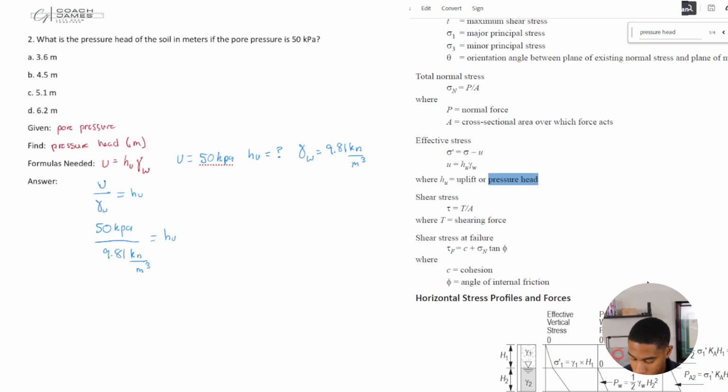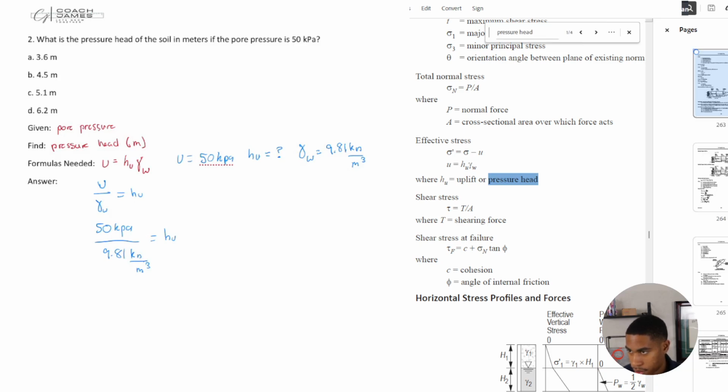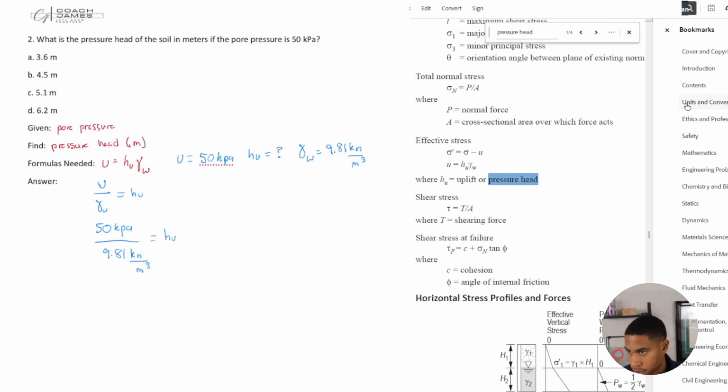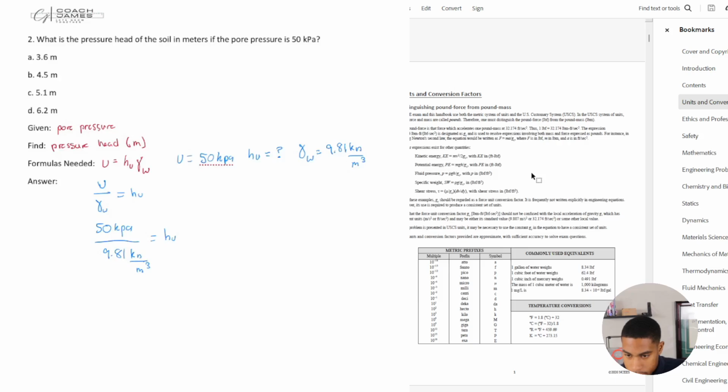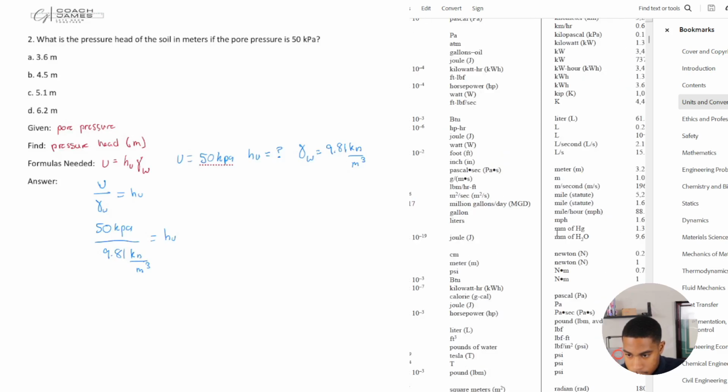We have kilopascals and then we have kilonewtons over meters cubed. So how can we get one of these units to cancel, right? And let's go to our unit conversions, because that's where it tells us if these units can be converted to match, right?